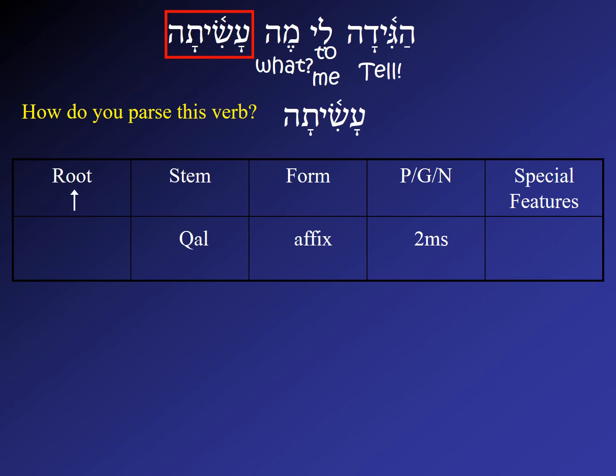The root asa, this yod here is the third he, which has reverted to a yod since it's in the middle of the form. So our root is asa, and then of course this he on the end is simply the fully written form of the second masculine singular ending. So asita, kal affix, second masculine singular of asa, fully written. This means you did.